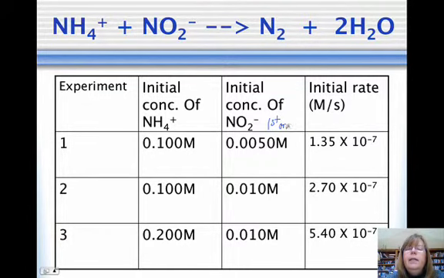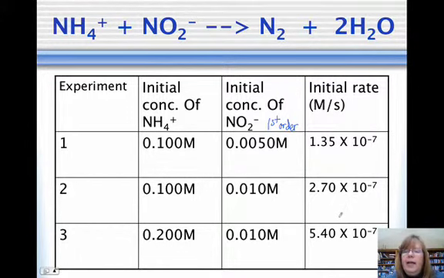All right, now what experiments will we use to figure out the order of ammonium? Where does ammonium's concentration change and where does nitrite stay the same? Well, that's experiments 3 and 2. And so I would like to put experiment 3 on top, experiment 2 on the bottom, and we're going to do exactly the same thing.